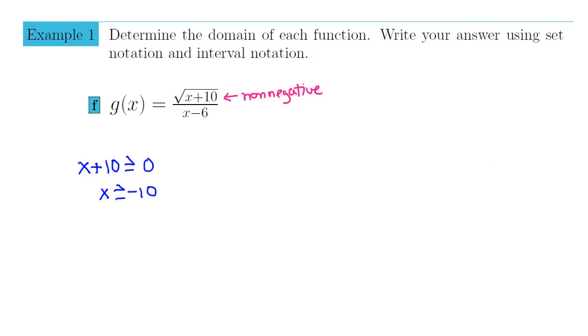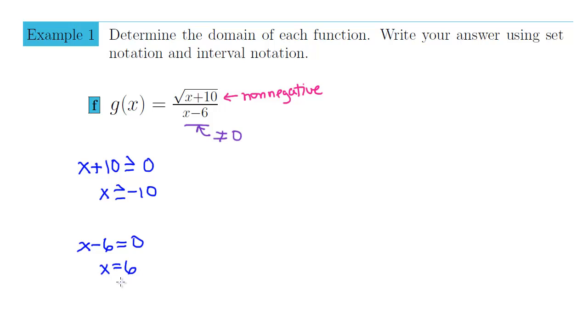How about the bottom? Well, in the bottom, we have x minus 6. And because this is a rational function, we know that we can't have 0 in the denominator. So we want to determine all values where that happens. x minus 6 is 0 when, if we add 6 to both sides, x is 6.